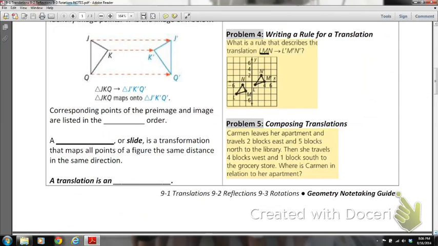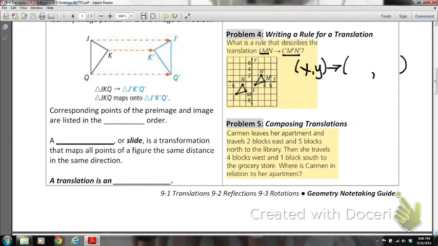LMN maps onto L prime, M prime, N prime. We want to know the translation rule for that. So we'll just take x comma y maps onto, and we need to fill in the translation rule that maps one figure onto the other.